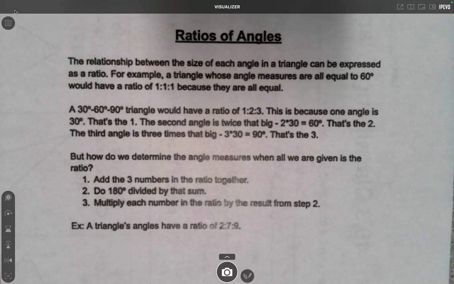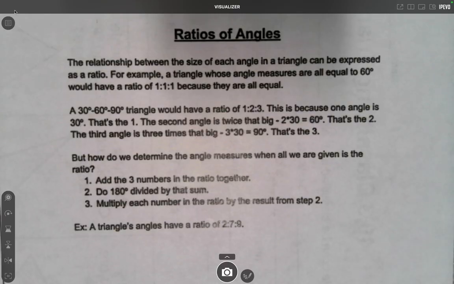The final kind of problem you'll have to work with in this triangle section has to do with ratios. Ratios compare how big each angle is compared to the others. And it's possible with triangles to express that relationship between the 3 sides and their lengths as a ratio.